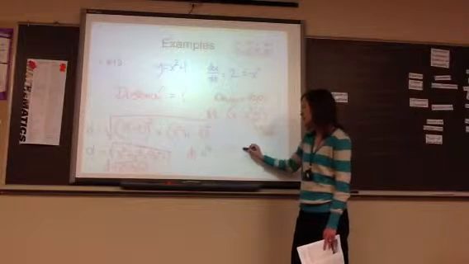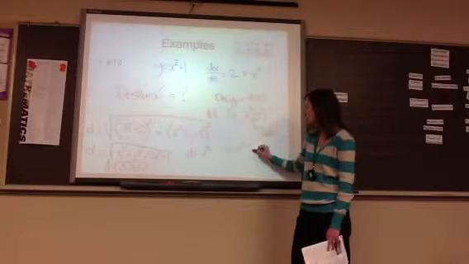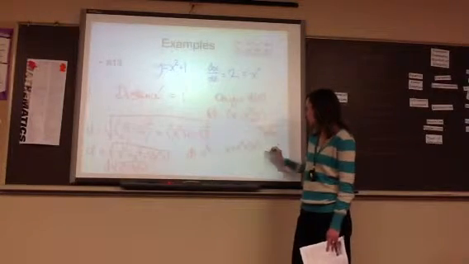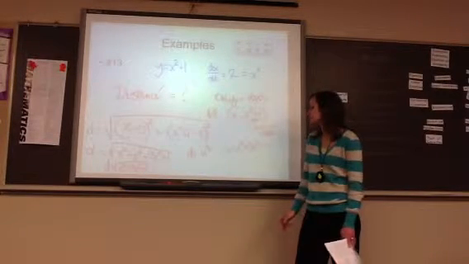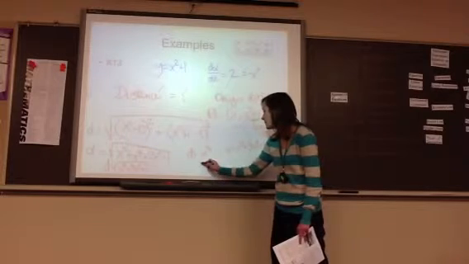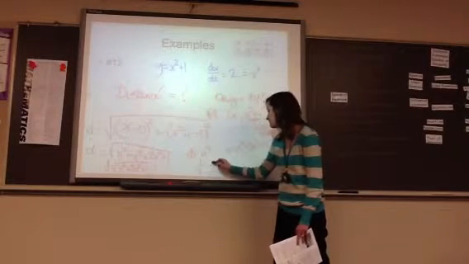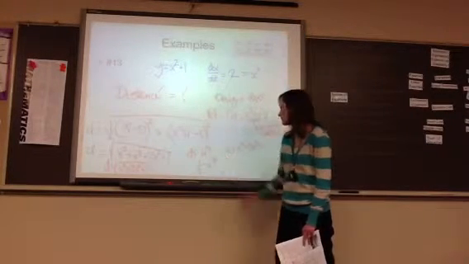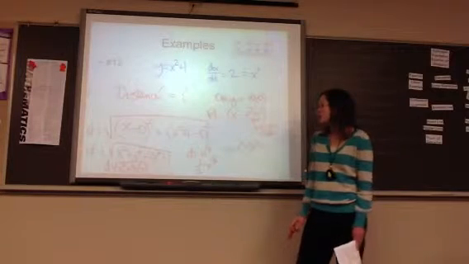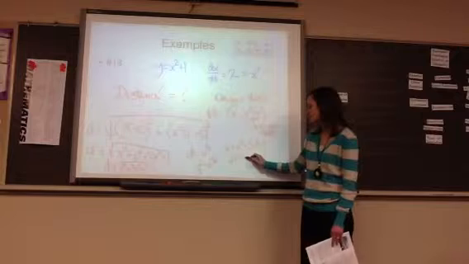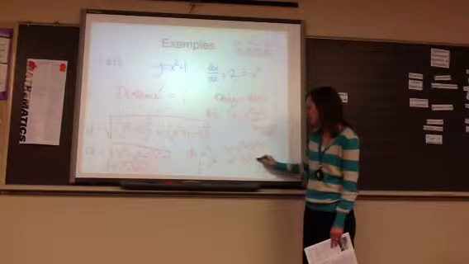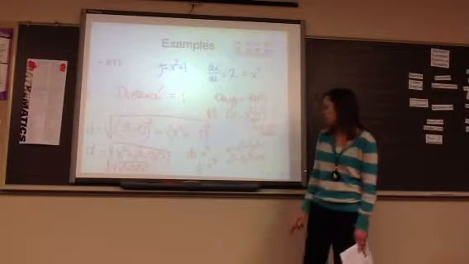U is x to the fourth plus 3x squared plus 1. So what's the derivative of d? Do we agree with Frankie? Okay. What's the derivative of u? Do we agree with Allison?